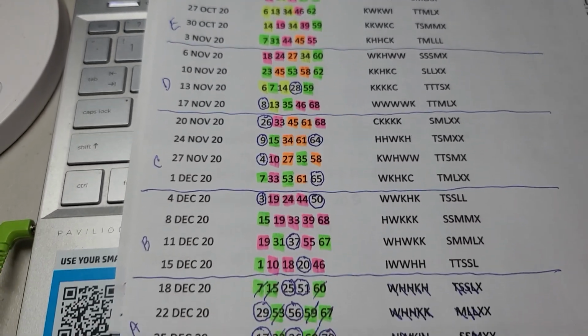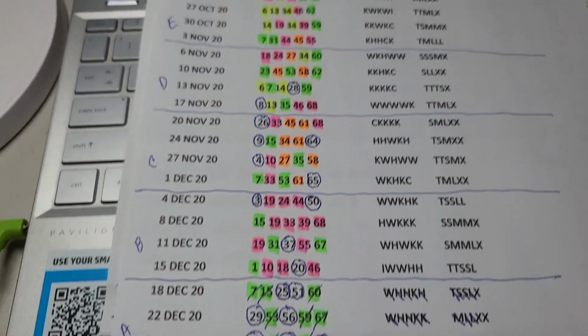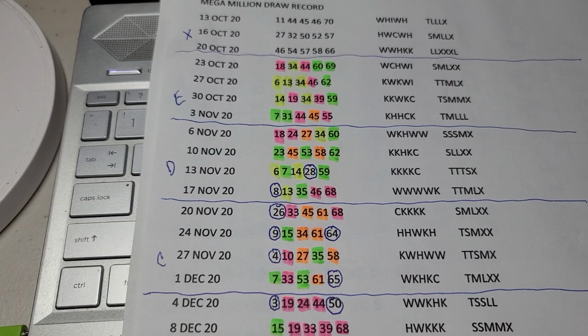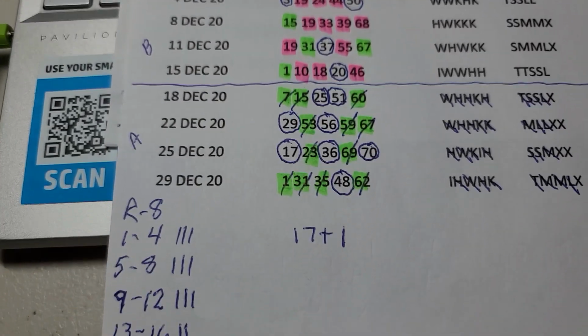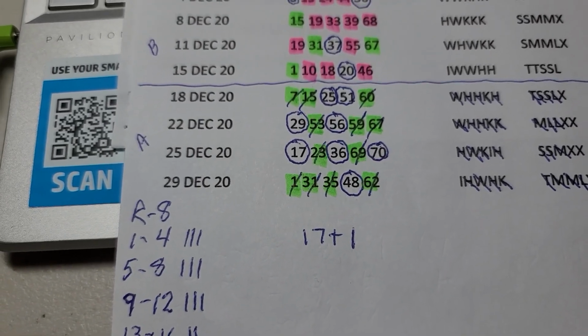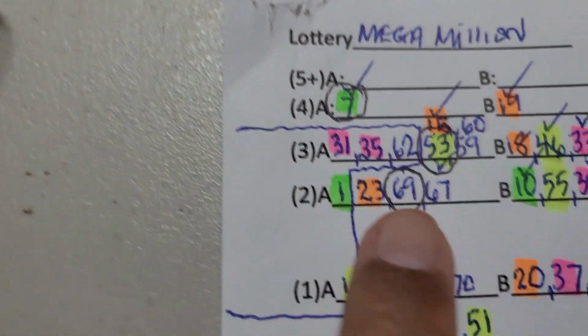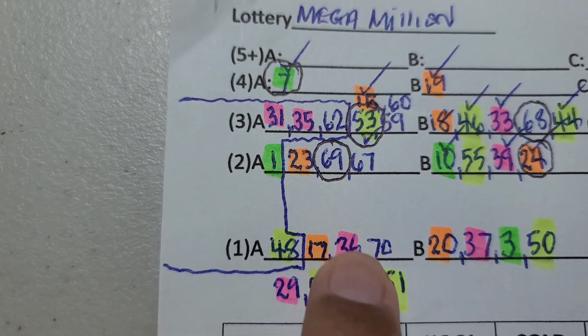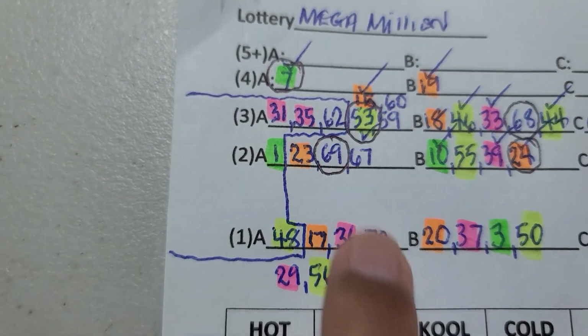So take a look at what's happening to number 60. 60 and 69 went all the way up to the top. And where is it located? Well, this is where the numbers are, right here.